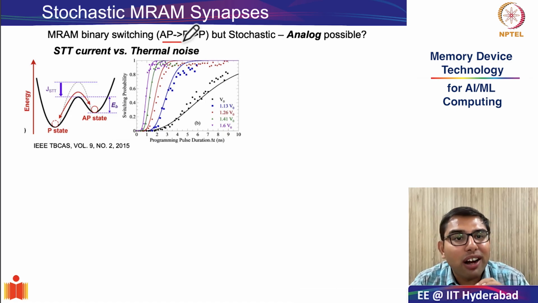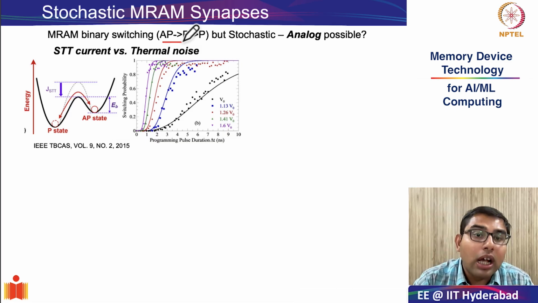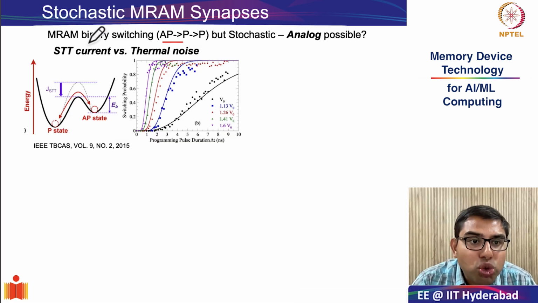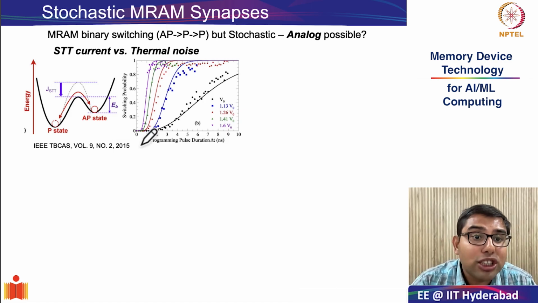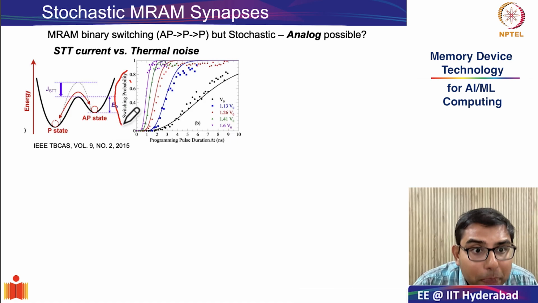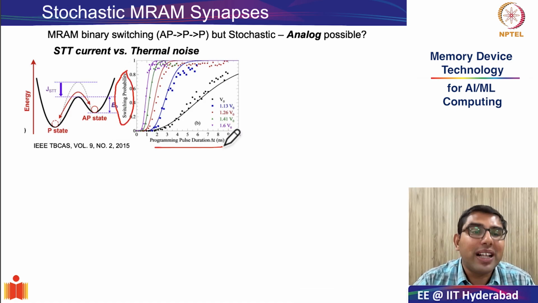It is very difficult to have something between anti-parallel and parallel. However, this binary switching is not always deterministic. In fact, it is stochastic, as has been shown in this particular graph. You can see that there is a particular switching probability depending on the duration of the pulse.